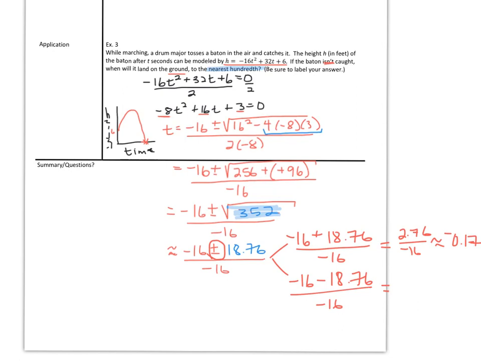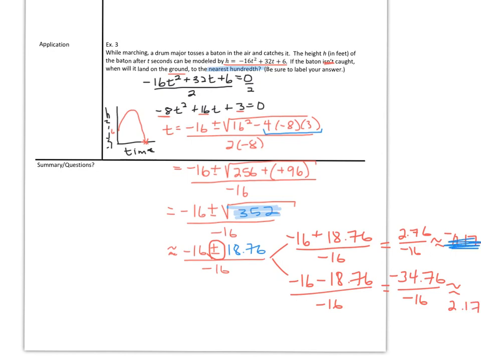The second one, if we take negative 16 minus 18.76, we get negative 34.76. And if we divide that answer by negative 16, 34.76 divided by 16, we get approximately 2.17. So those are our two choices, everybody.